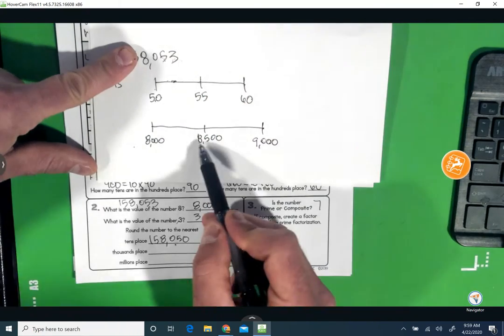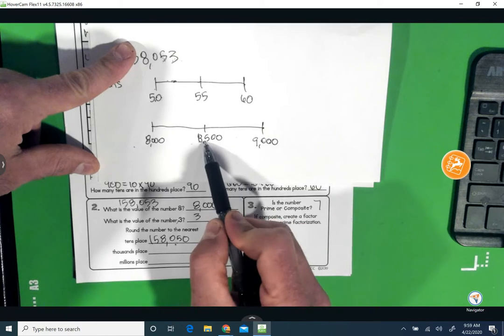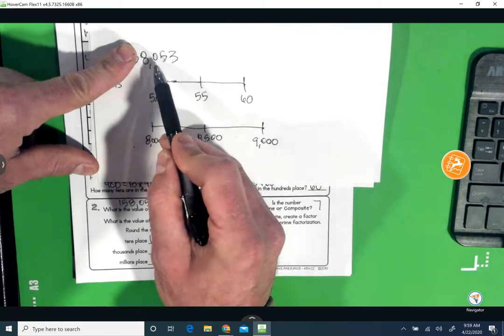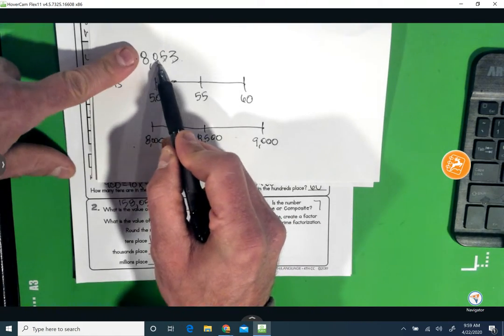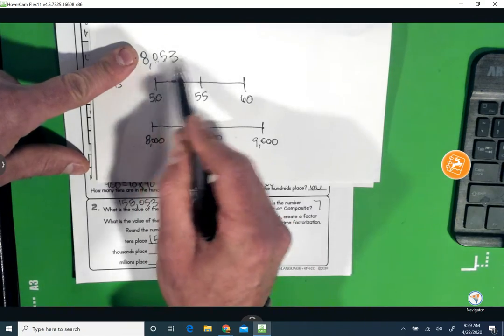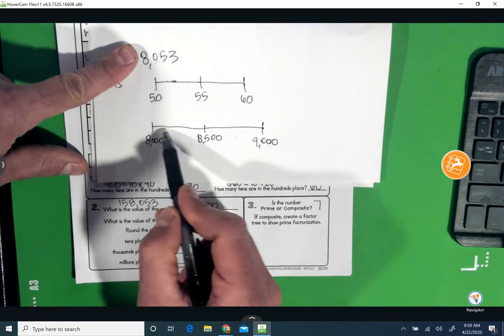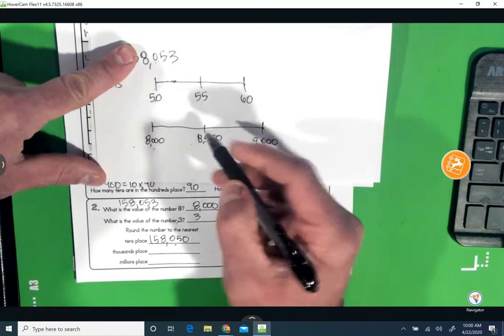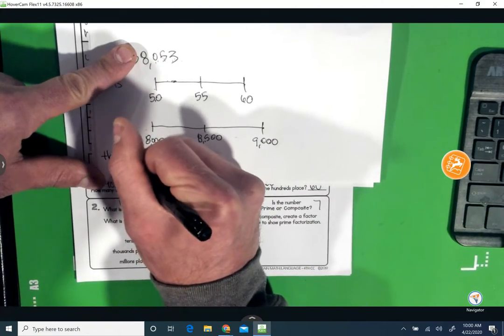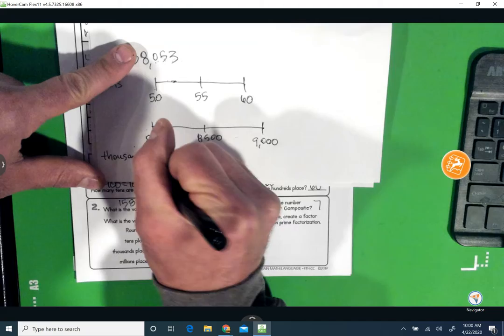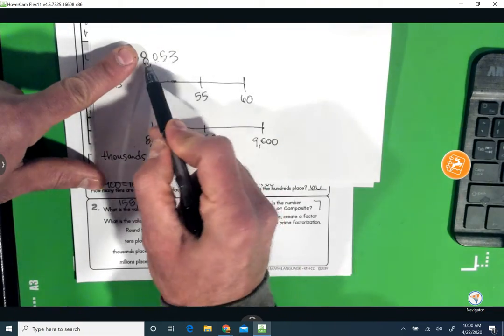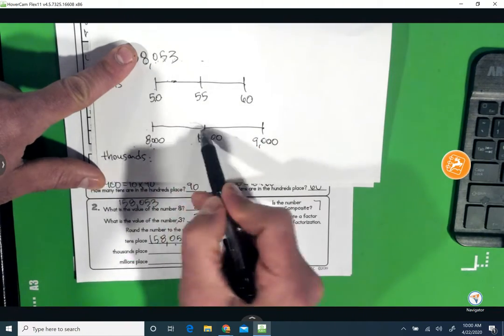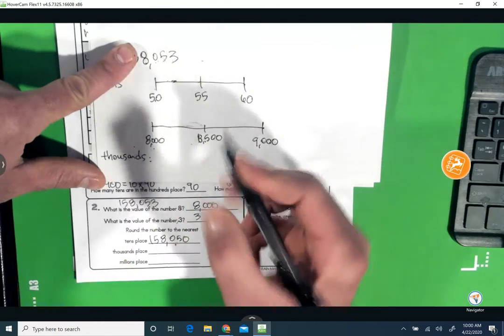Now I'm looking at 8,500 and I see a 5 in the hundreds place. Here I see a 0 in the hundreds place. That means that 8,053 sits somewhere between 8,000 and 8,500. When rounding this number to the nearest thousands place, we would round 8,053, because it sits over here, to 8,000.